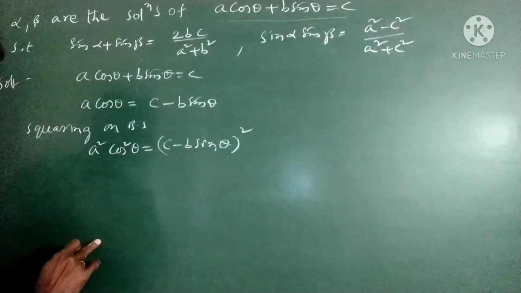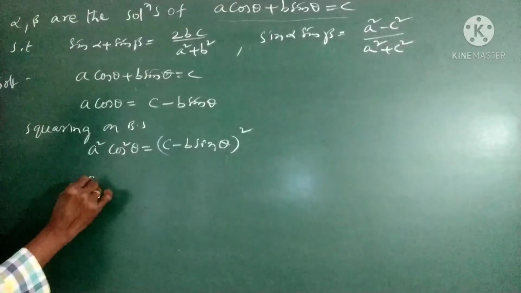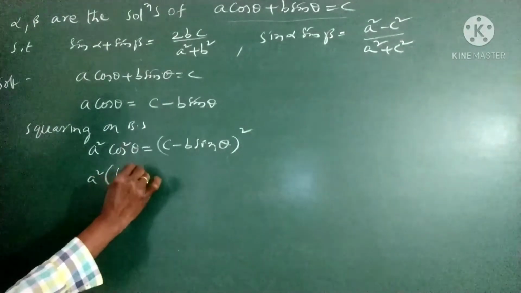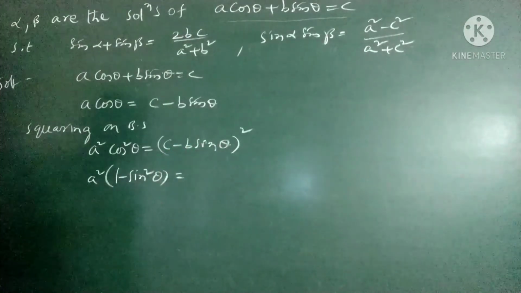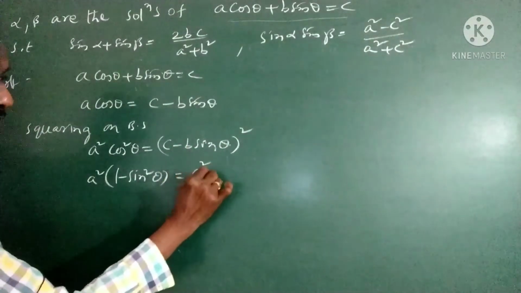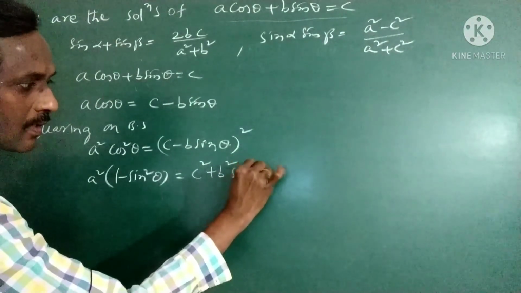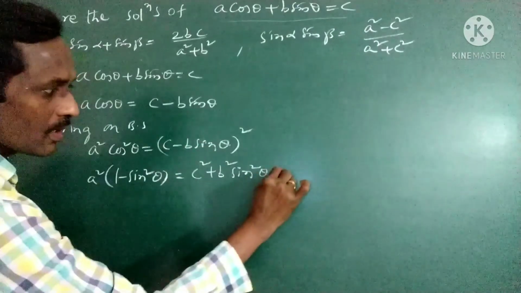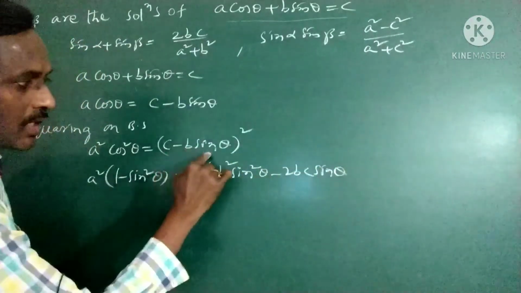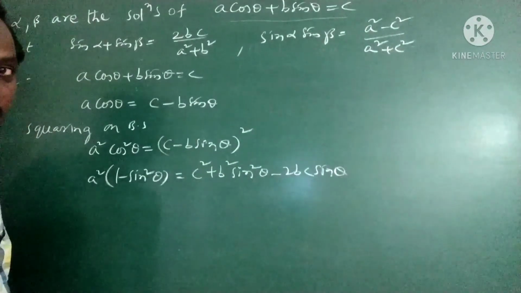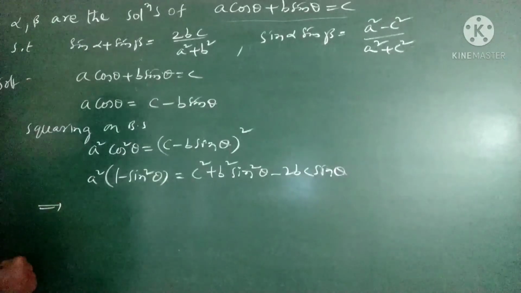We have to convert into the sine function, so write cos square as 1 minus sine square. A square of 1 minus sine square theta equals the expansion of c minus b sin theta whole square: c square plus b square sine square theta minus 2bc sine theta. Now convert into a quadratic in sine function.